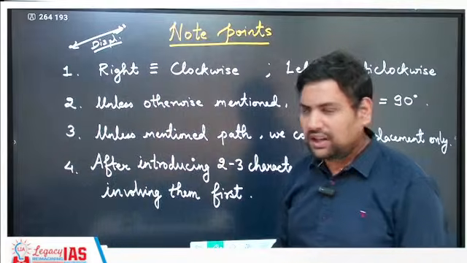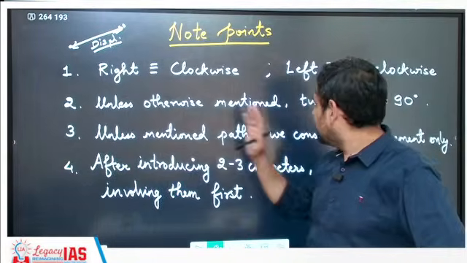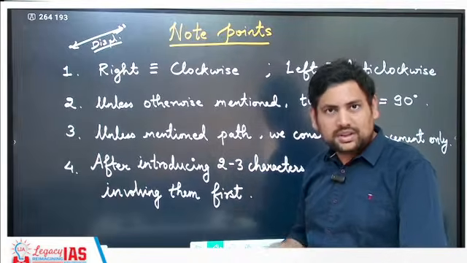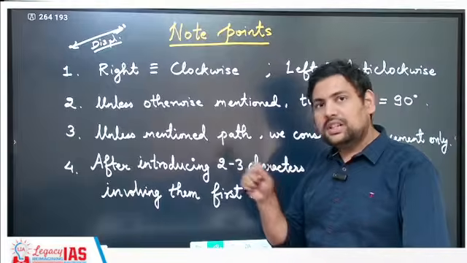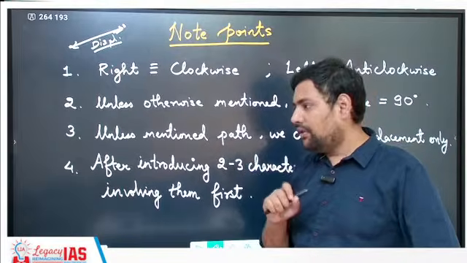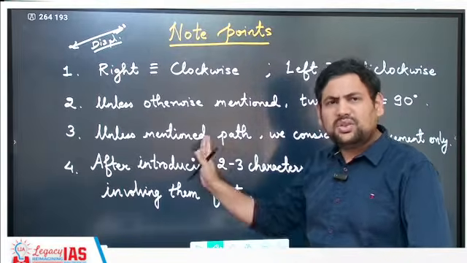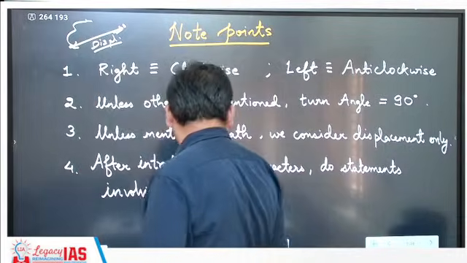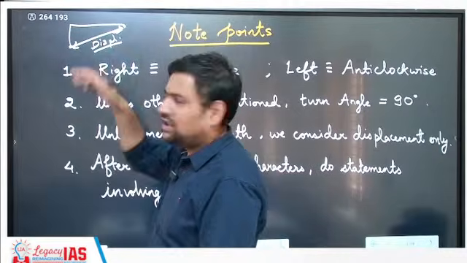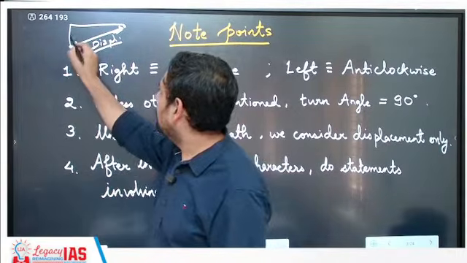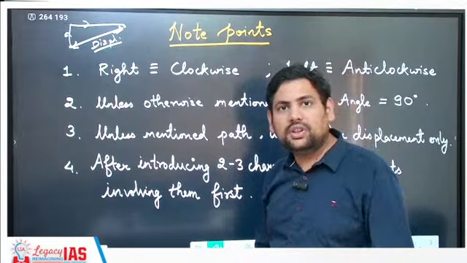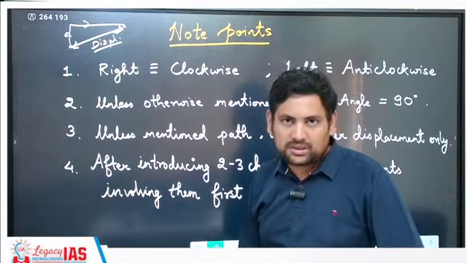The thing is, unless it is very clearly mentioned that you have to follow this path, and ask what distance is traveled along this path, only then you have to consider the route distance, that is if it goes like this. Otherwise, if the question does not say anything, always remember that you take the shortest distance between the 2 points, that is the displacement.